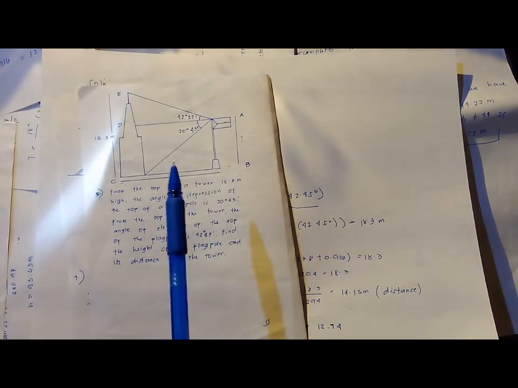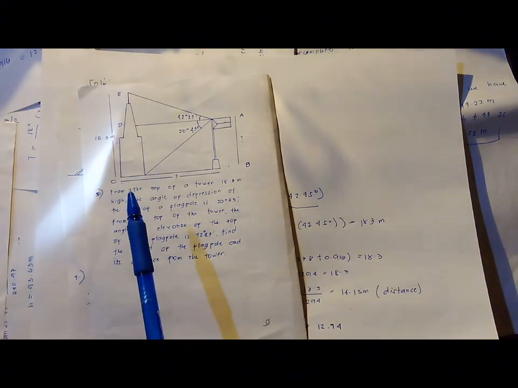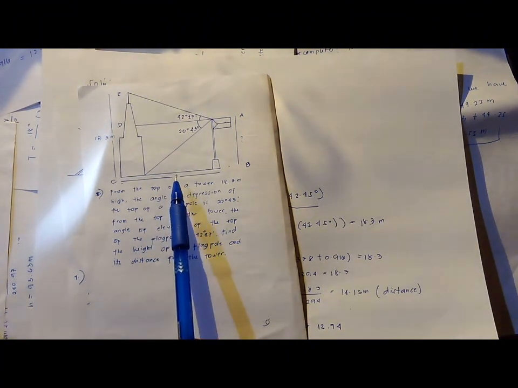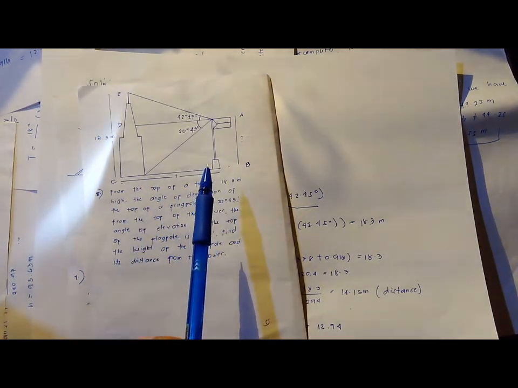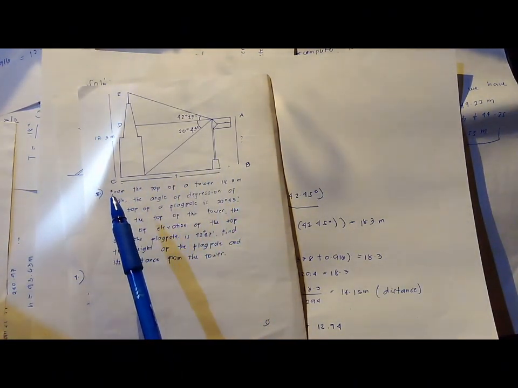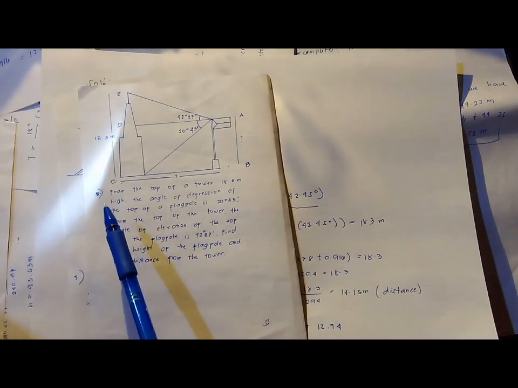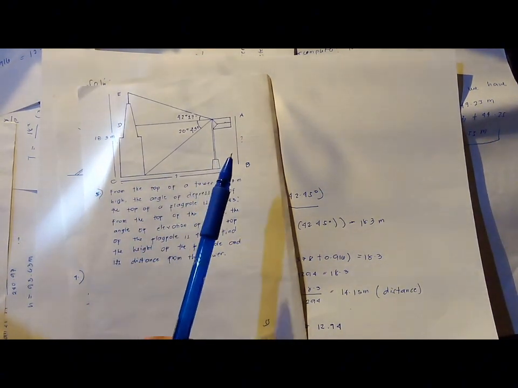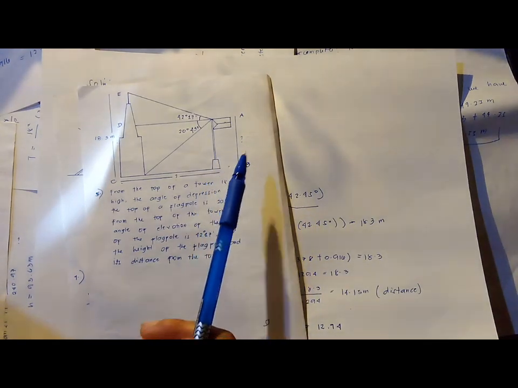So AC is equal to 18.3 meters, and X is the horizontal distance, or CB. Then H is the height of the flagpole above the ground, the unknown. So we have here A and B.